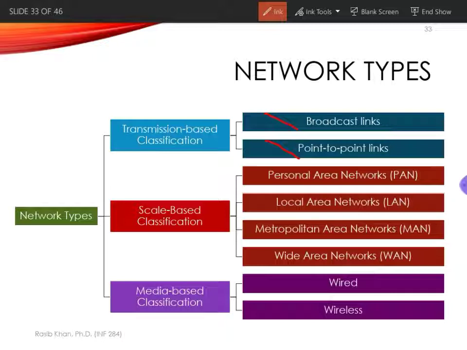In terms of scale, which is basically the size of the network, we can classify networks into personal area networks or PANs, local area networks or LANs, metropolitan area networks, MANs, or wide area networks, WANs. And finally, if we use the media-based classification, that is the way that these networks are connected, they are classified as wired or wireless.